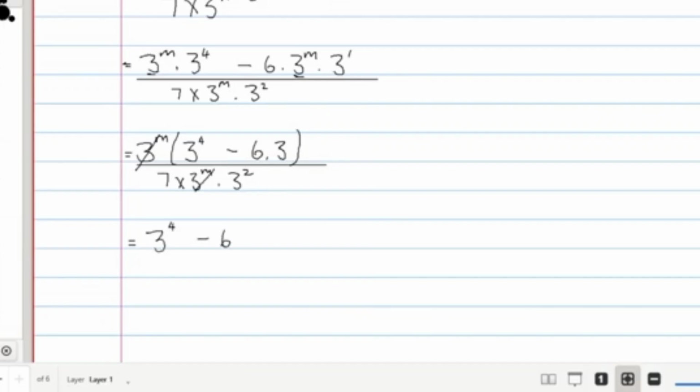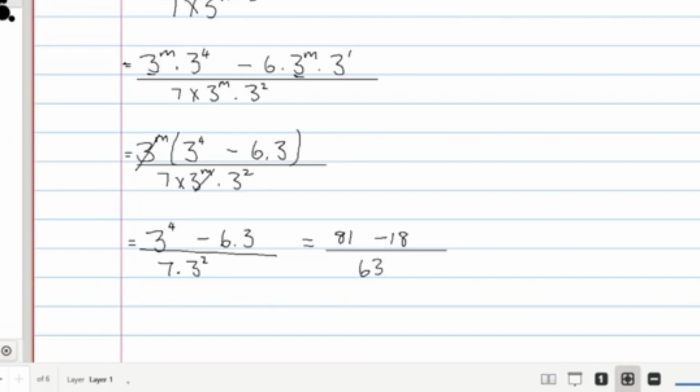You just write what you have, 3 to the power 4 minus 6 times 3 divided by 7 times 3 to the power 2. And then 3 to the power 4 is 81, minus 6 times 3 is 18, divided by, on your denominator you have 7 times 3 to the power 2, which is 63.